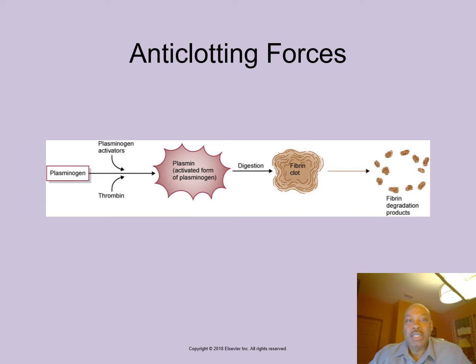Now, deficiencies of any anti-clotting factor increases the risk of pulmonary embolism or an MI or CVA because if the clotting is unchecked by the anti-clotting factor, then blood clots will continue to develop and put these patients at risk, as I just mentioned, PE, MI, and also CVA.